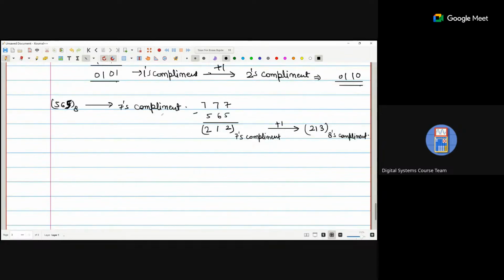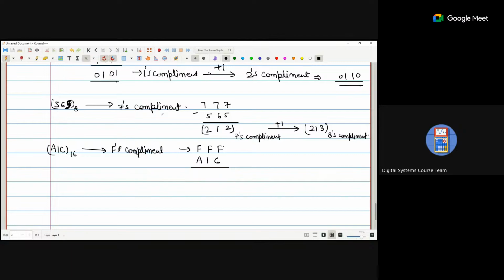In a similar way we calculate the F and F plus 1 complement. So how do we calculate the F complement? Say the number is A1C. It is 3 digits, so we subtract it from F, F, F. F is 15 and C is 12.